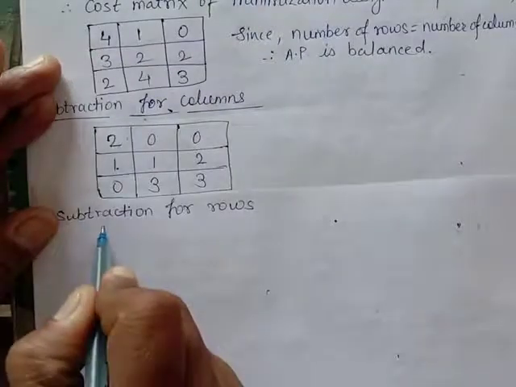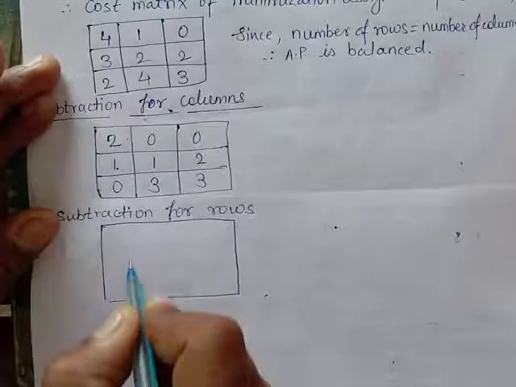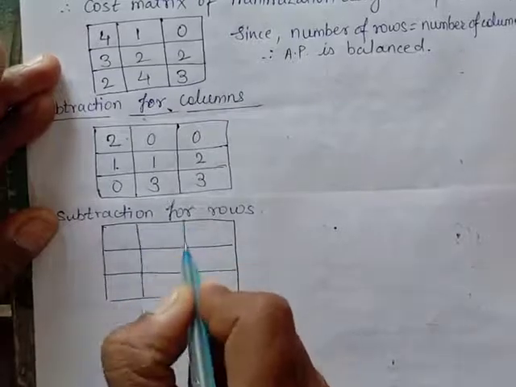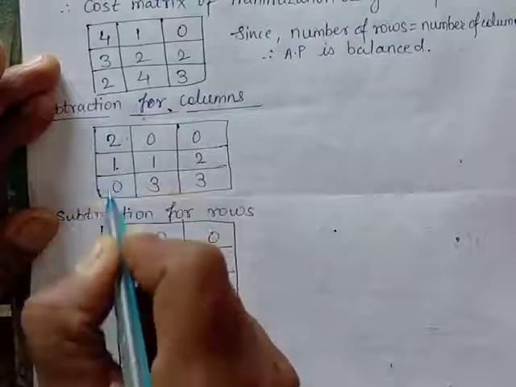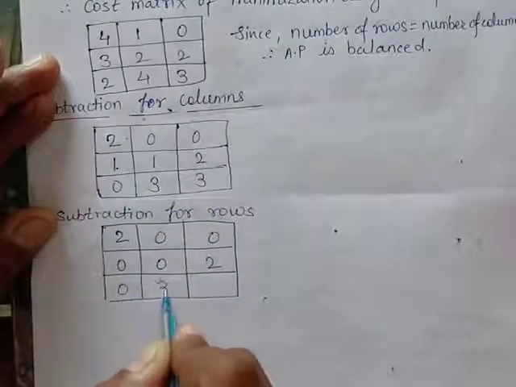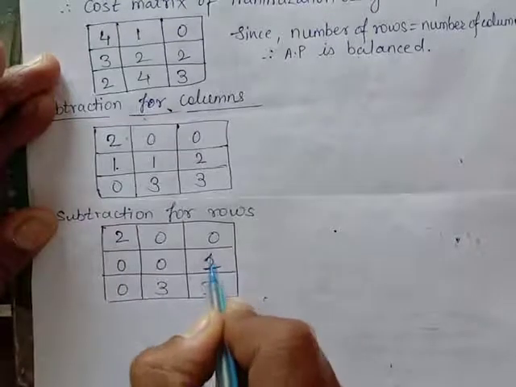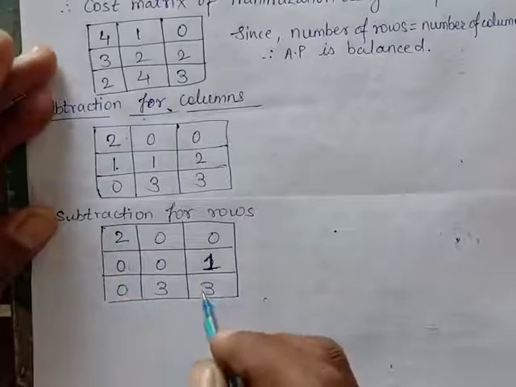So subtraction for rows, it will become: the first row remains the same because it has a 0 and that is the minimum there. Second row has the minimum element 1, so it will become 0, 0, 2. The third one also remains the same, 0, 0, 1.